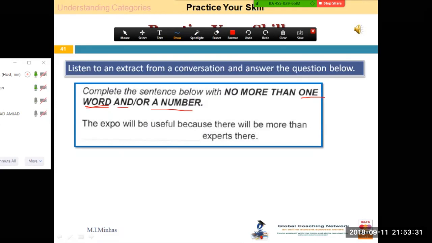I'm going to play it, and you have to pick the right answer and write it in this blank. The expo will be useful because there will be more than dash experts there.